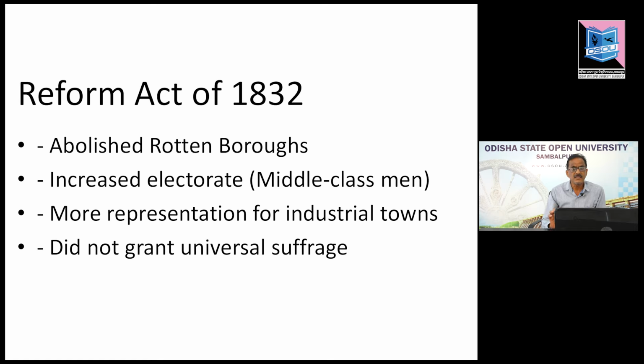It increased the electorate. The most important aspect is that suffrage was increased and passed to the middle class. Previously, only some property owners or wealthy people had control over elections and representation; now it passed to the middle class people.